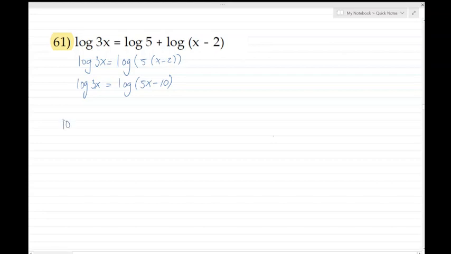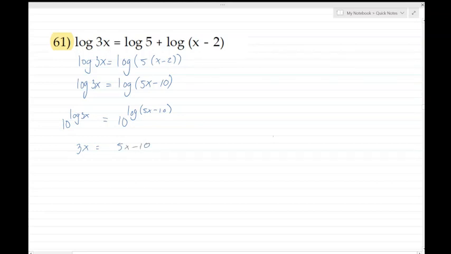So what I can do is raise both left and right to the power 10. So 10 to the power log of 3x equals 10 to the log 5x minus 10. And since this base and that base are the same, they cancel each other out, and we'll be left with 5x minus 10.